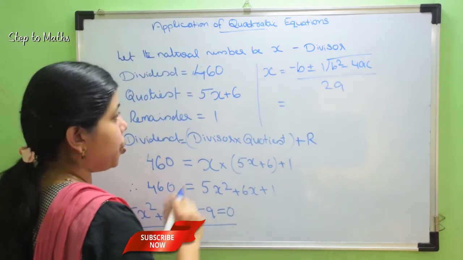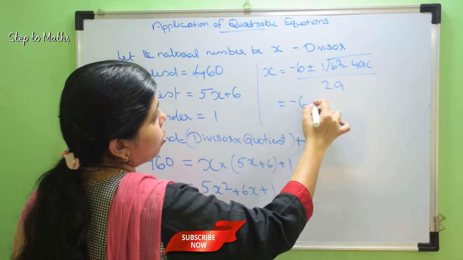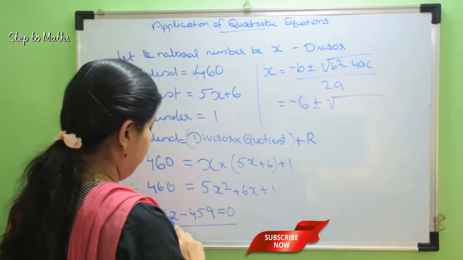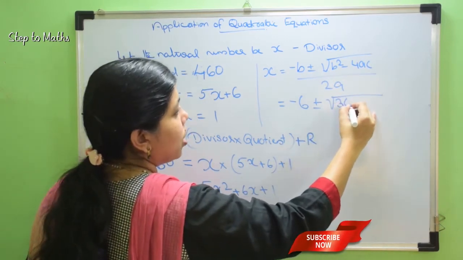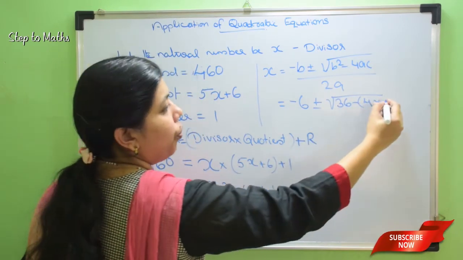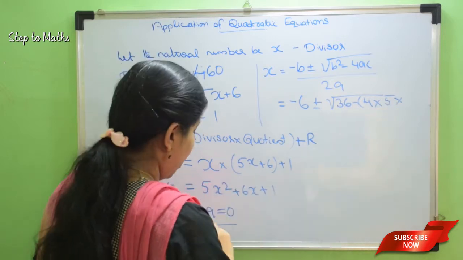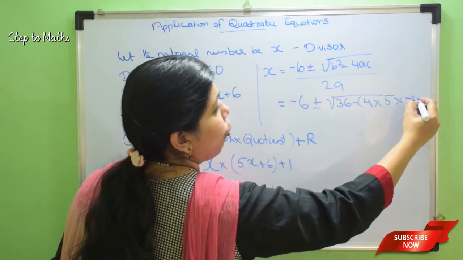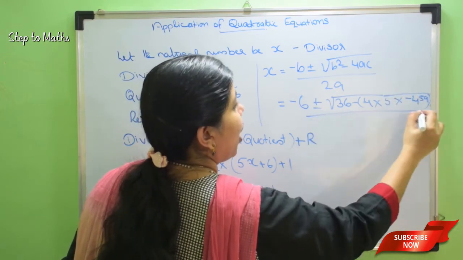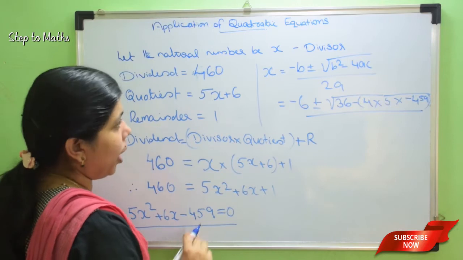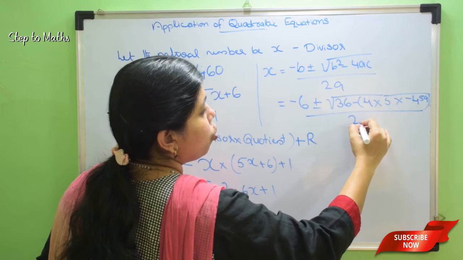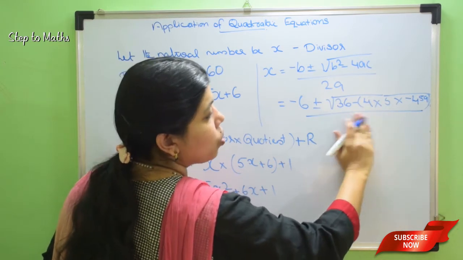Here b is 6, so minus 6 plus or minus root of b square, which is 36, minus 4 into a, which is 5, into c, which is minus 459, by 2a. 2a is 2 into 5, that is 10.